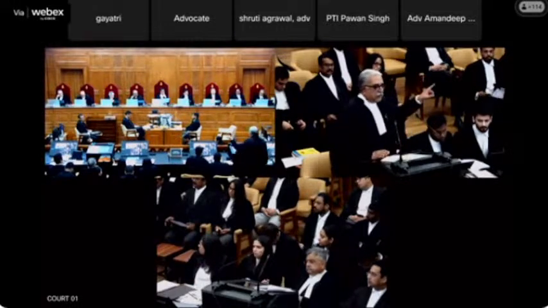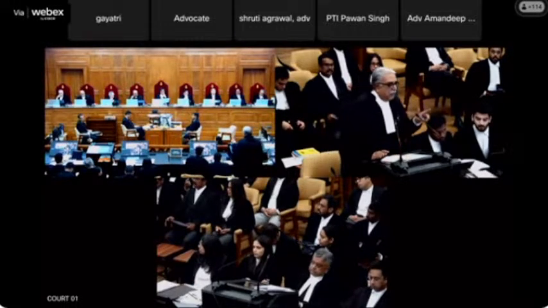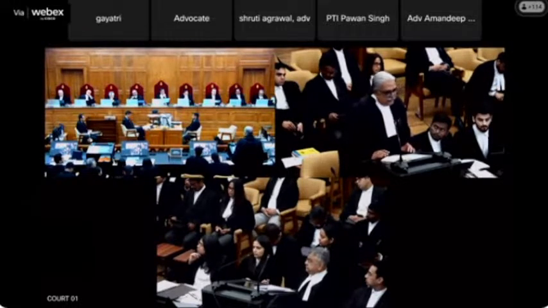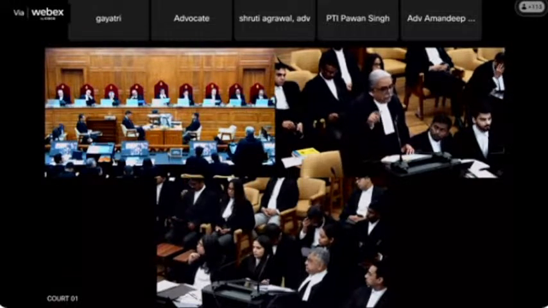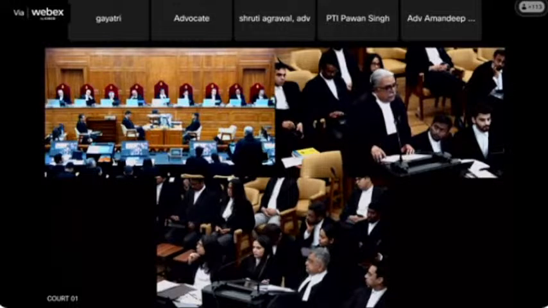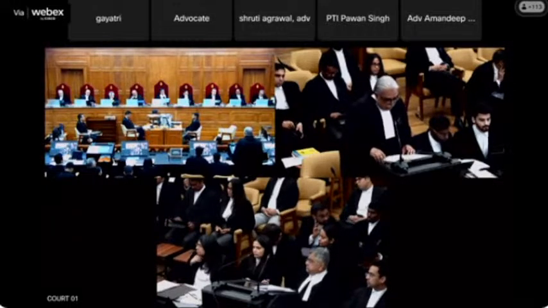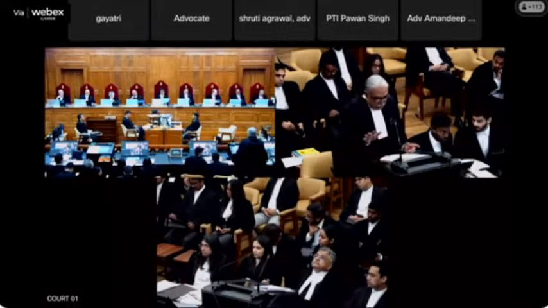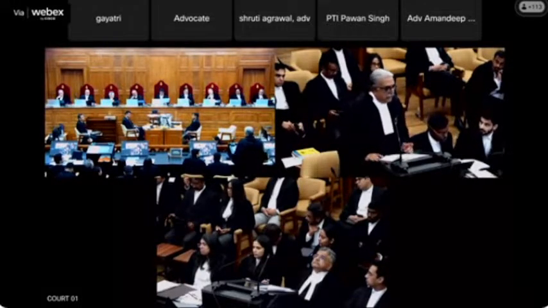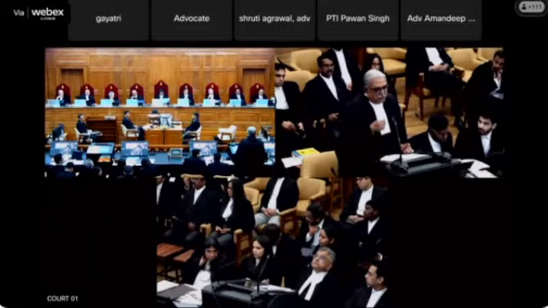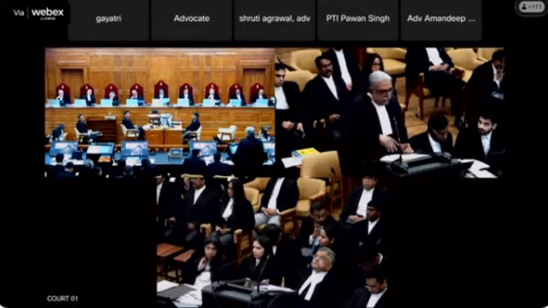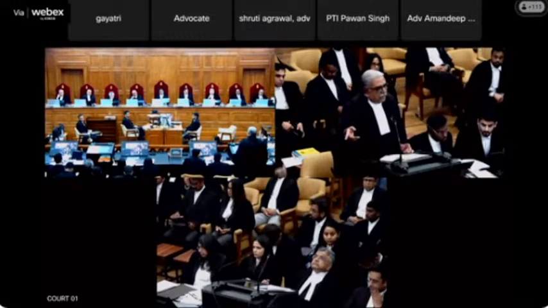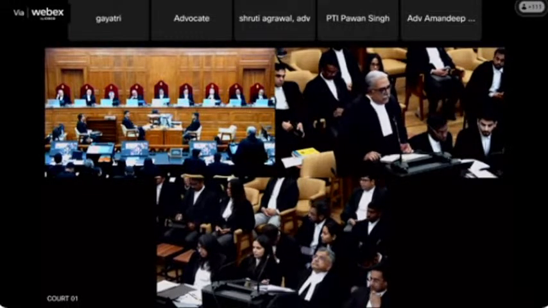Now, my lords, when your lordships go back to entry 52, would it be possible for us to urge that your lordships construe the competence under entry 52 as also taking in something which is completely covered by entry 8? For anything which is wholly and comprehensively covered by an entry in List 2, one doesn't have to fall back on entry 24.